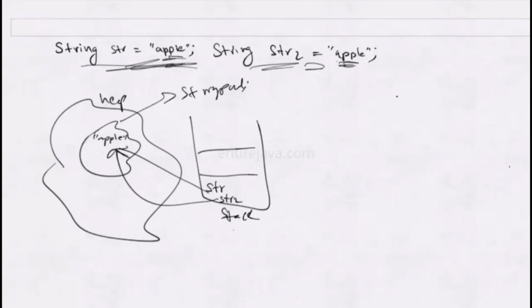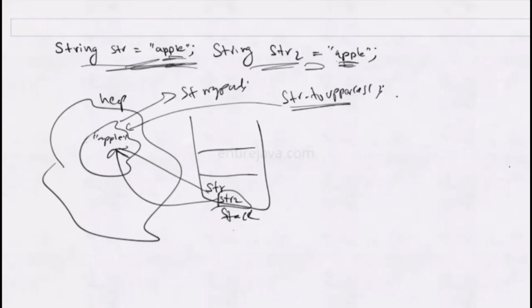Now, can you guess why Java designers made string immutable? That's because, let's say we have a statement that says str dot toUpperCase. If the string is mutable, then this statement will make changes to the actual object, and this will impact str2 because it is pointing to the exact same object.